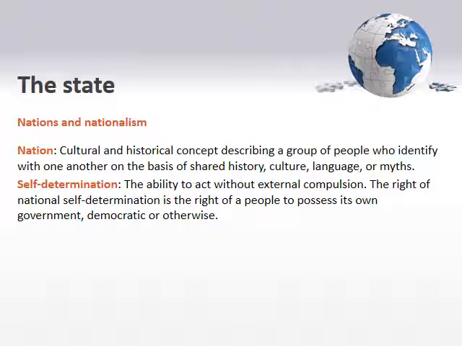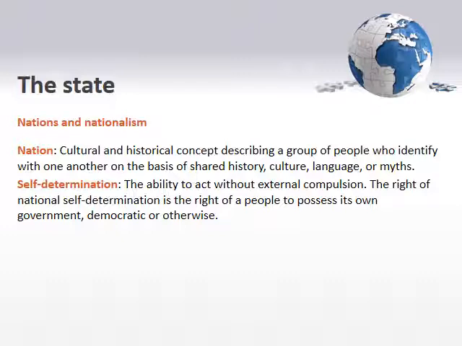Closely intertwined with the concept of the nation is self-determination. There are many nations within the world that don't have their own state. And so a nation will seek self-determination, the ability to possess its own government and maybe its own territory.